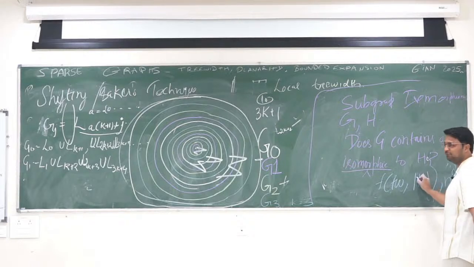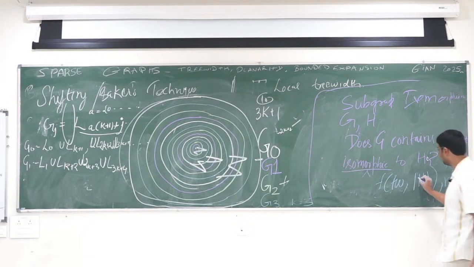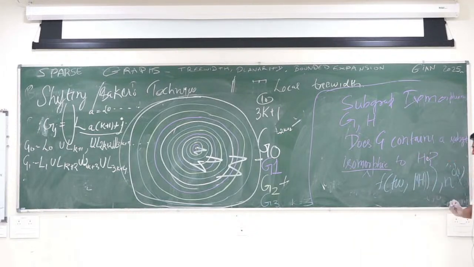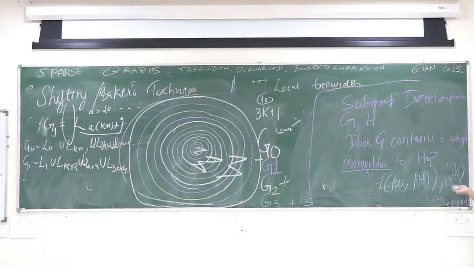In fact, size of V of H, but it doesn't matter for us here. So to solve this problem, we have an algorithm that requires time f of treewidth and H and polynomial n.